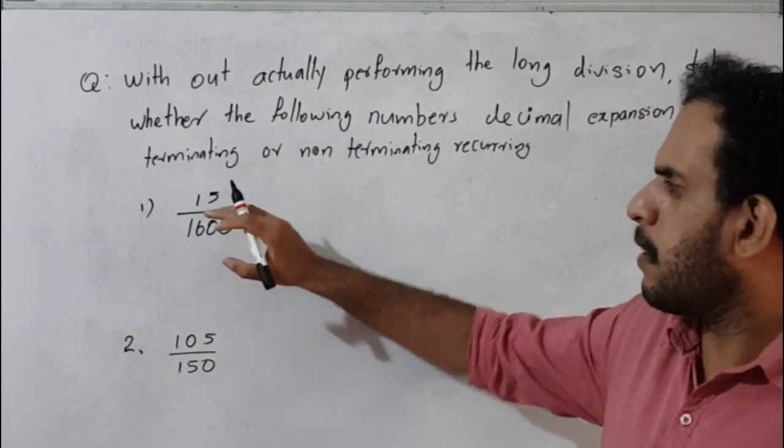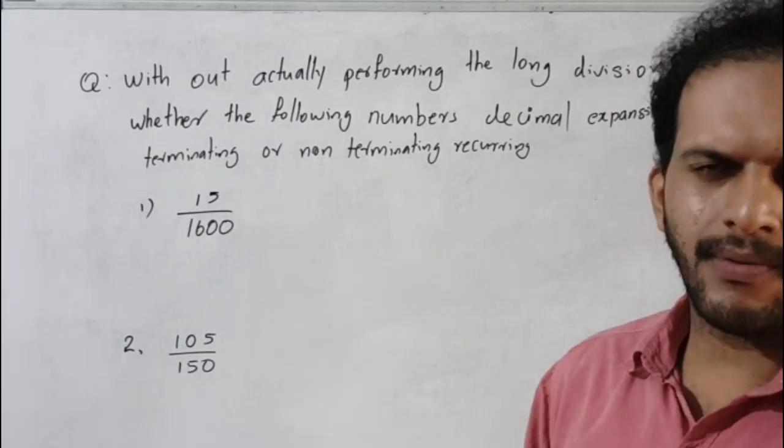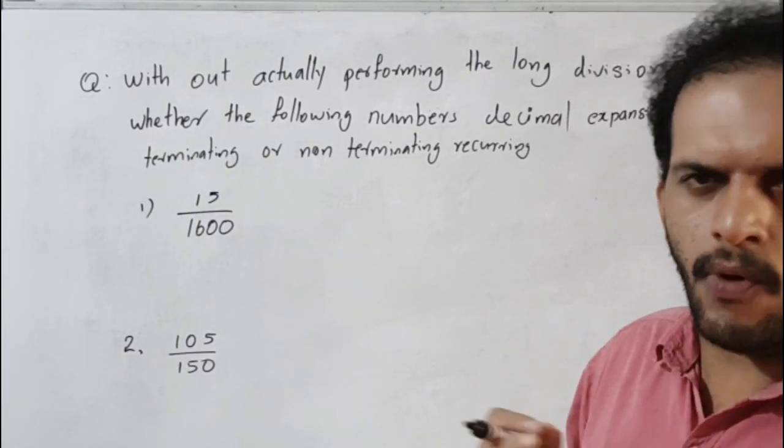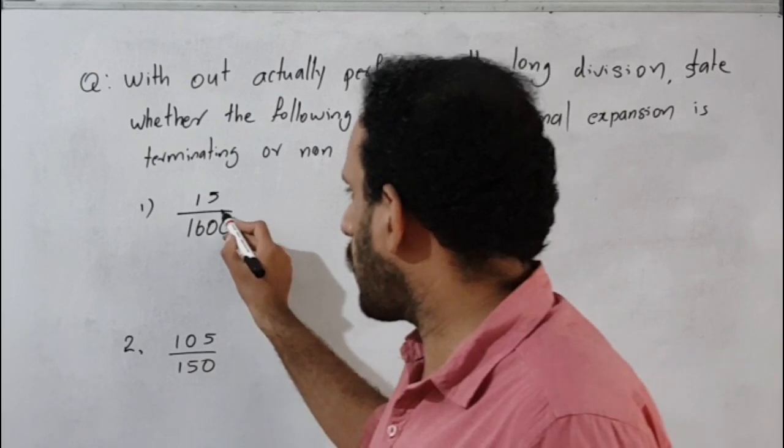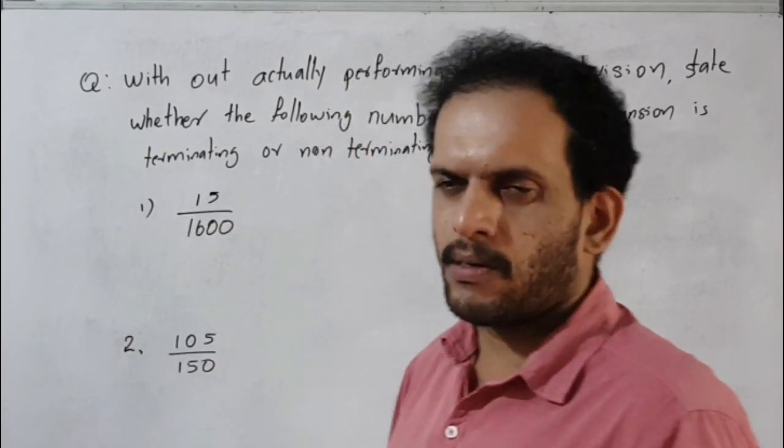So first, 15 by 1600. To find the form of the decimal expansion, first we factorize the denominator 1600, okay?